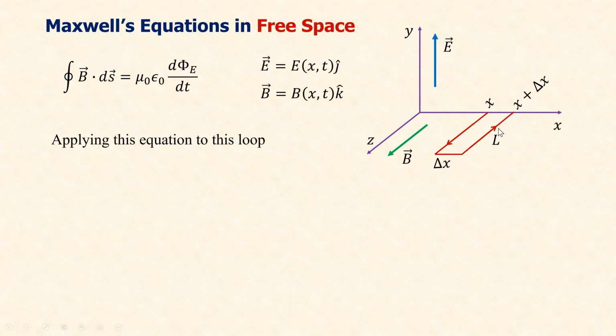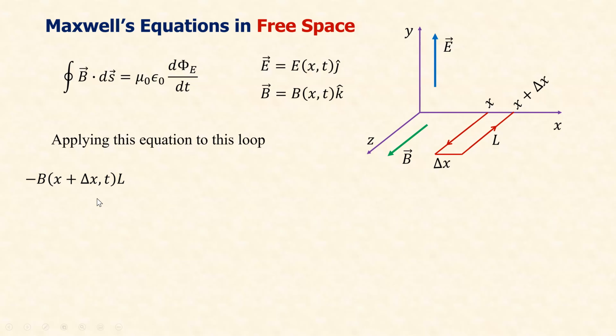So if you calculate B dot ds on this side it is 0, on this side it is 0 because these sides are perpendicular to B, but on this side it is non-zero, and it gives us B evaluated at X plus delta X times the length, and there's a negative sign because we go this way and the B field is the other way. So negative B evaluated at X plus delta X times L.